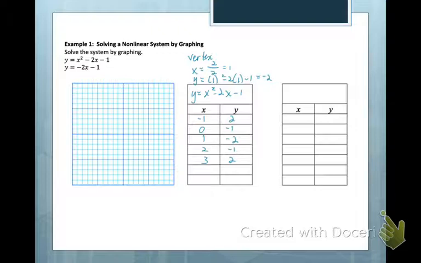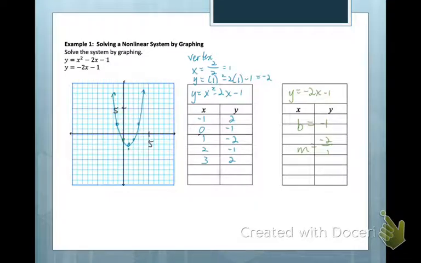Now let's look at our second equation, which is a line: y equals negative 2x minus 1. I'm just going to point out that our y-intercept, the b value, is negative 1, and our slope is negative 2, which we'll think of as negative 2 over 1. Draw your axes in your graph space and then label your scale. Let's start by plotting the parabola. Plot these points and then draw a smooth U-shaped curve. Now let's plot the line.